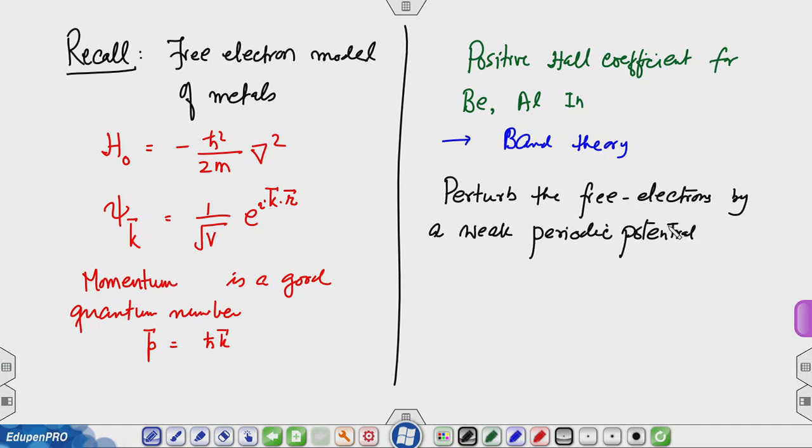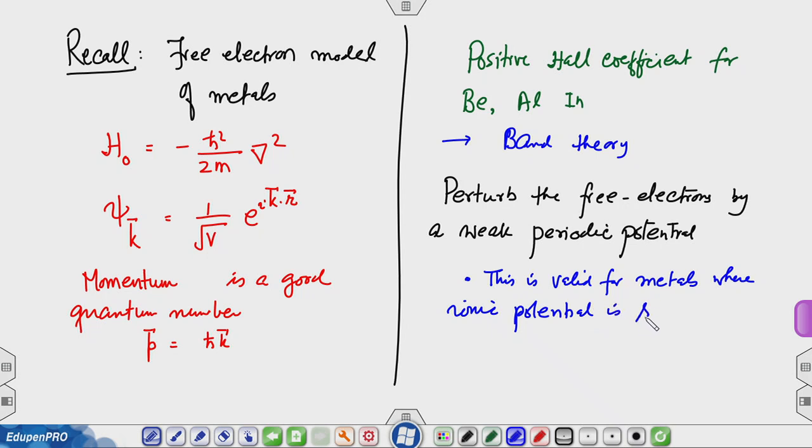Now, a couple of comments here. One, this is valid for metals where ionic potential is screened by electrons. That is number one.